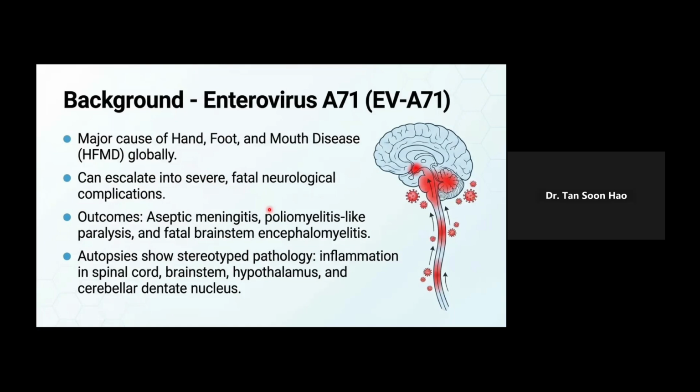So what we know about the CNS infections from the autopsy, basically across the patients, it shows a serotype pathology. It's an inflammation in the spinal cord, specific regions in the brainstem, hypothalamus, and the dentate nucleus.